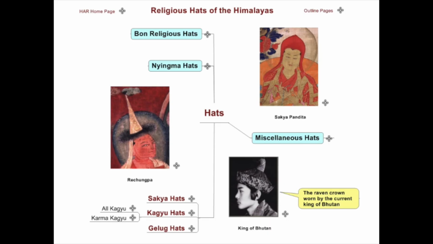Now, the last: if you don't know hats and protectors, then you don't know religious traditions. All of the different religious traditions have their own uniform in terms of hats, and the hats are very distinctive.